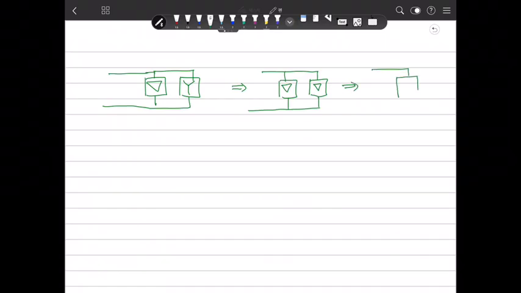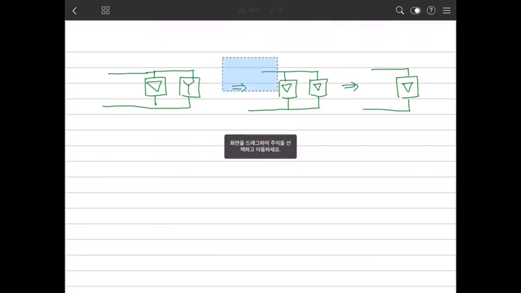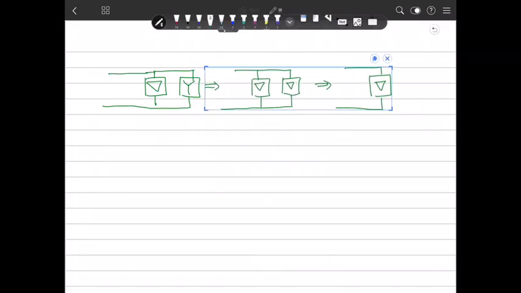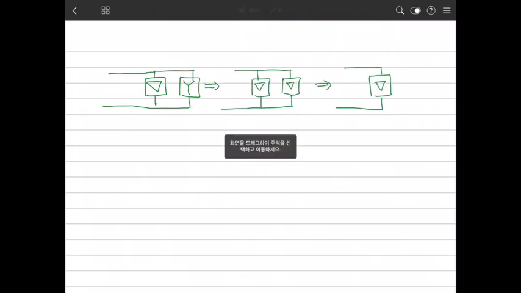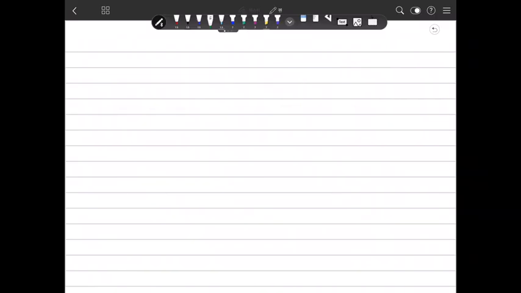Then we combine this into one delta. Okay. The main approach is we have two deltas here, or one delta and one Y, and we need to combine that.